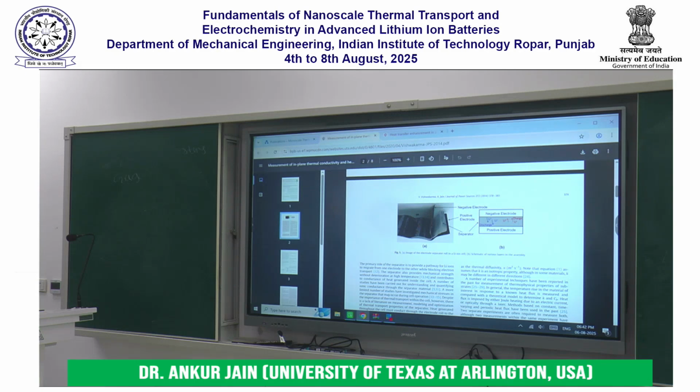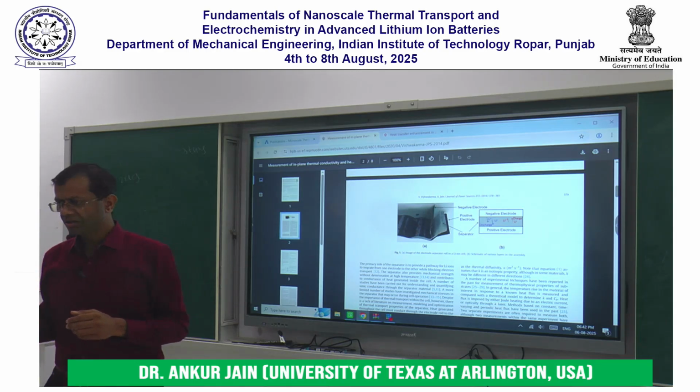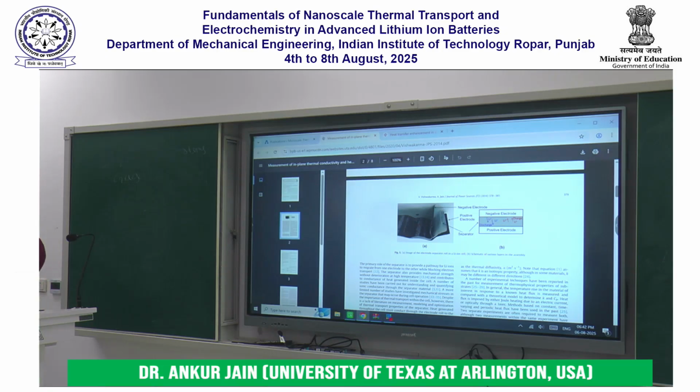There are several challenges in doing that. Mainly, when we were talking about the cell, we said that we'll put a thermocouple on this side, put another thermocouple on the other side, and measure the heat flux, right? Now, the smallest thermocouple that you can probably buy has a bead size of 200 microns, whereas my body itself is only 50 microns thick, right?